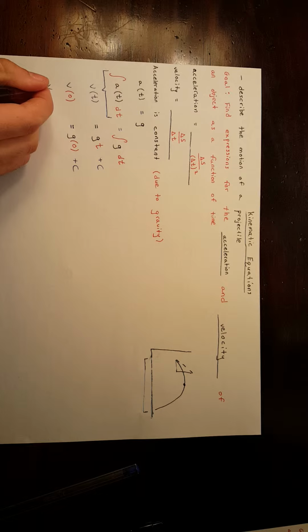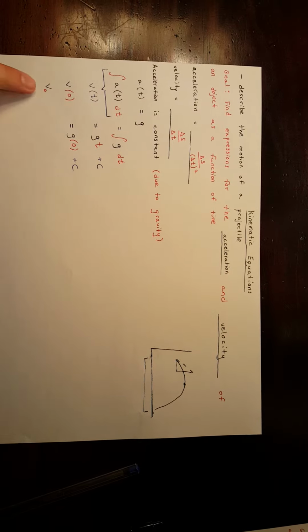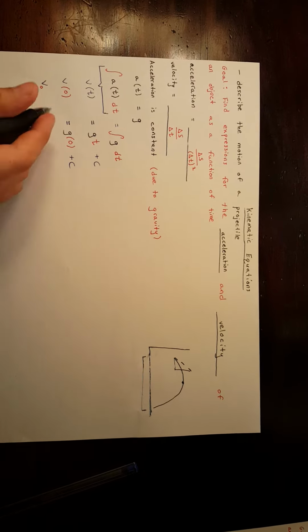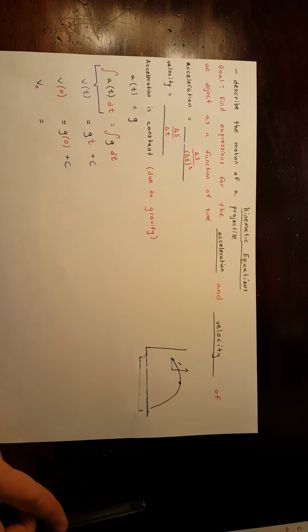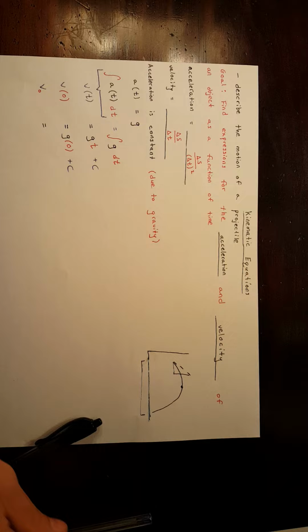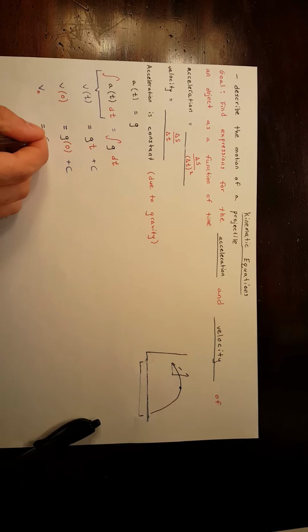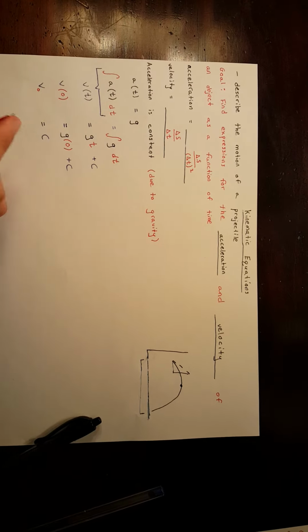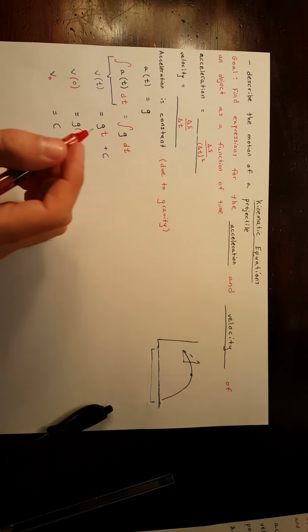So that's v sub 0, which is also called v naught. And that equals, well, g times 0 is just 0, so that equals our c value. So c equals our initial velocity.